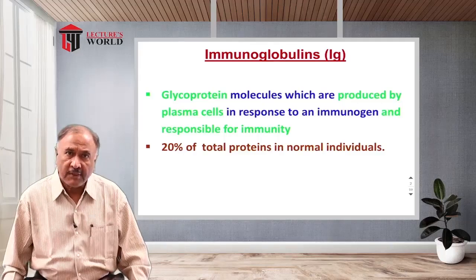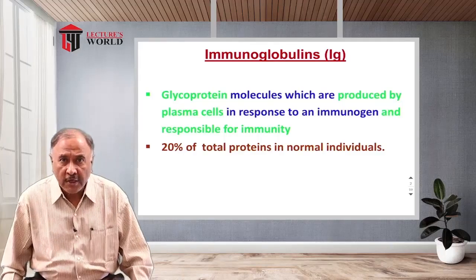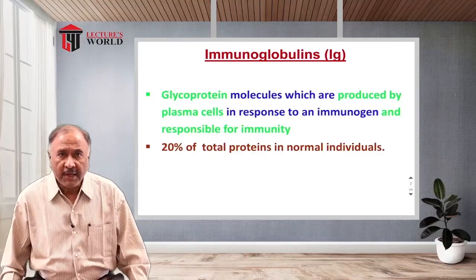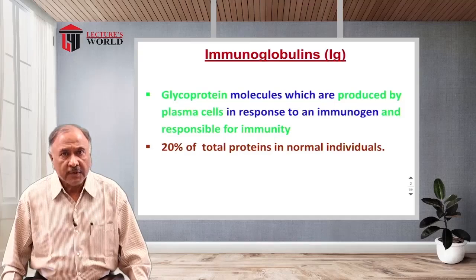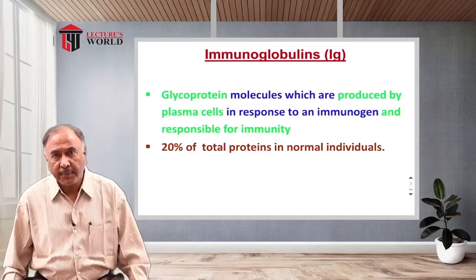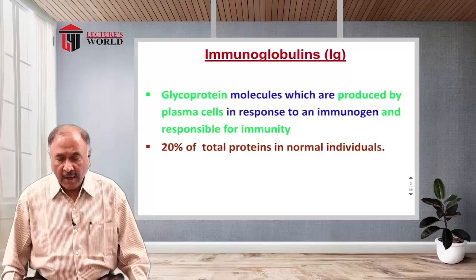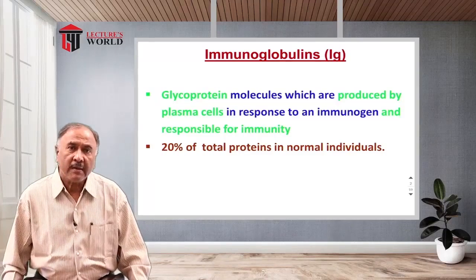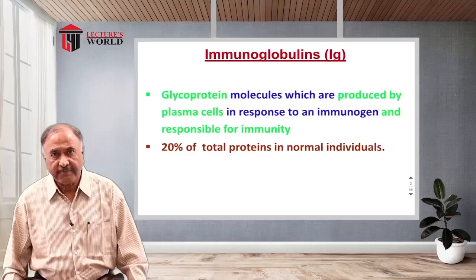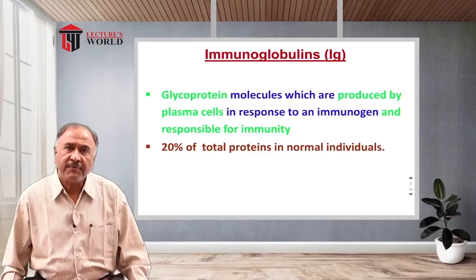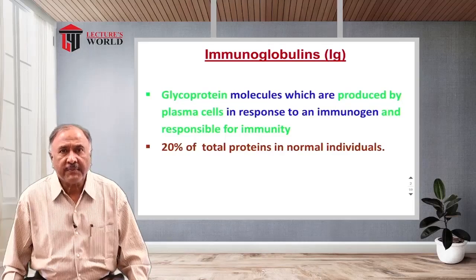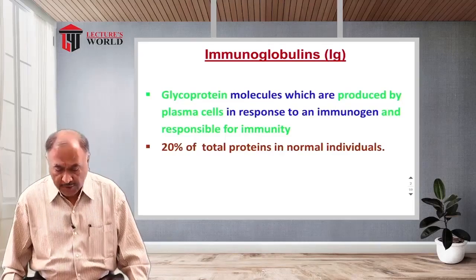First one, they are glycoprotein in nature. The chemical nature is glycoprotein. It means some sugars plus proteins, glycoproteins. And they are produced by which cells? Plasma cells. Plasma cells are the type of B cells. B cells will differentiate into plasma cells and which is responsible for producing such glycoproteins.